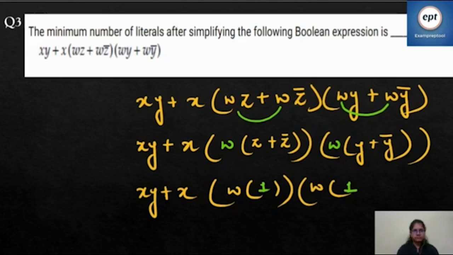I will write here that a plus a bar is equal to 1. So this is the property we have used.